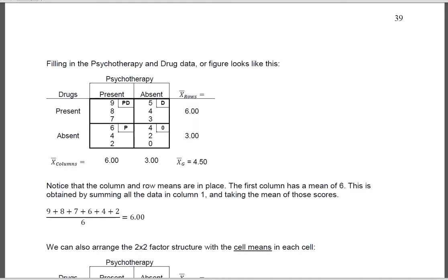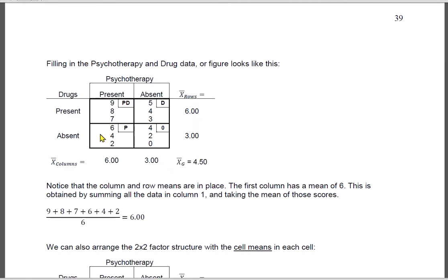You can see that I'm starting here at page 39, and the material here was covered partially in one of my previous videos. What I have here is the familiar psychotherapy and drug data that we've been working on for some time, probably too long. And you see that we have 3 people in each cell. This cell here has both psychotherapy and drugs.